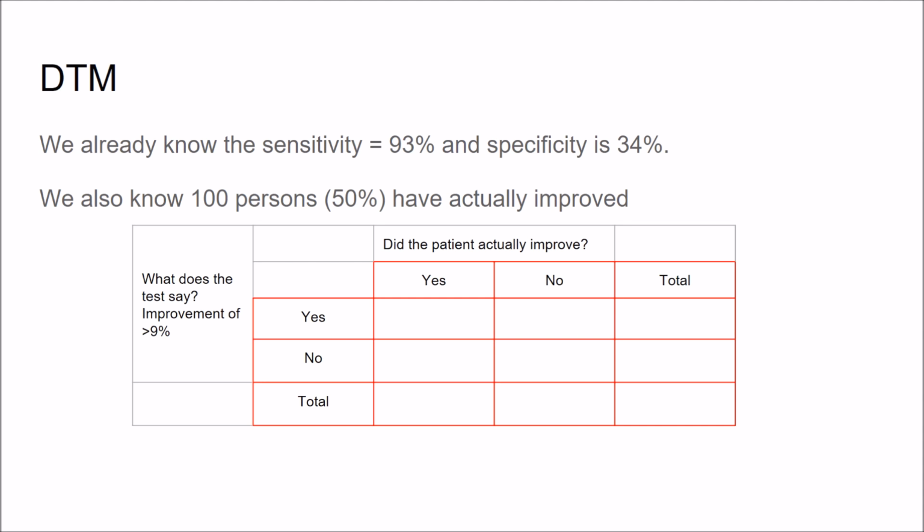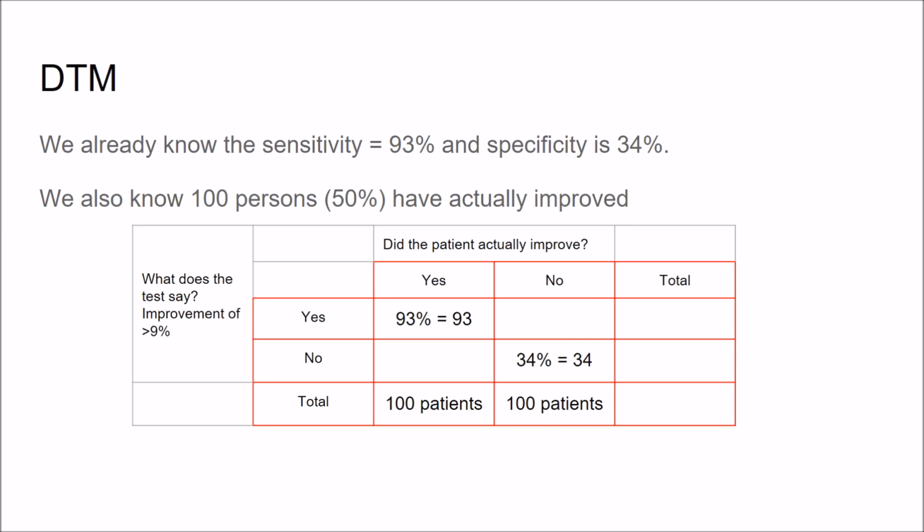We already know that based on the research, the sensitivity is 93% and the specificity is 34%. And we also know that 50% of the patients have actually probably improved. So we can input some of these numbers in.